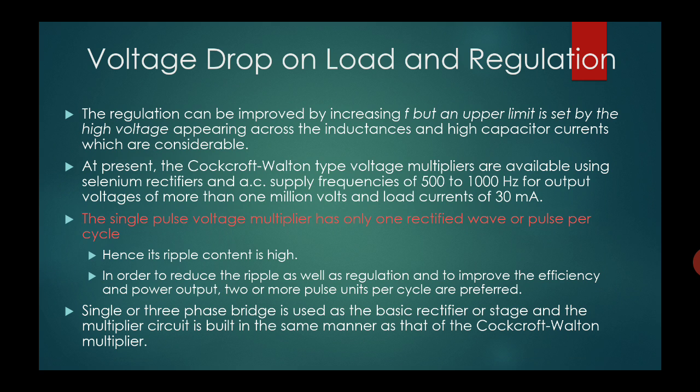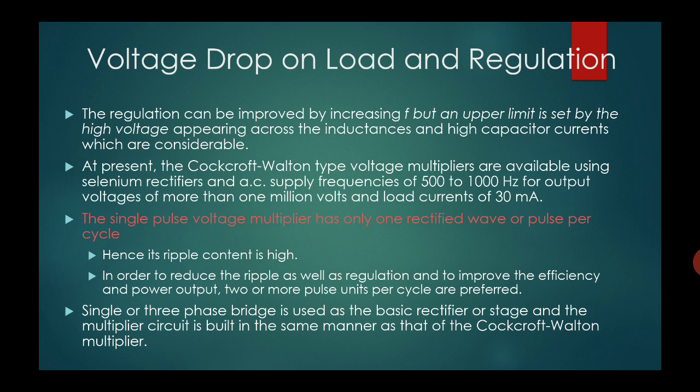Now a few points on the voltage drop on load and regulation. Regulation can be improved by increasing the frequency, but an upper limit is set by the high voltage appearing across the inductances and the high capacitor current, which are considerable.